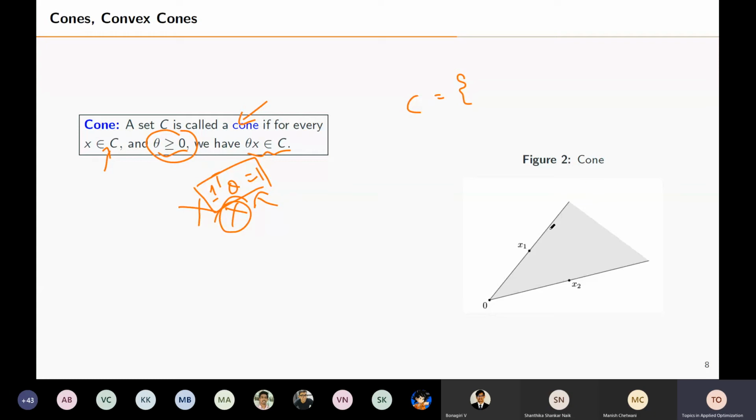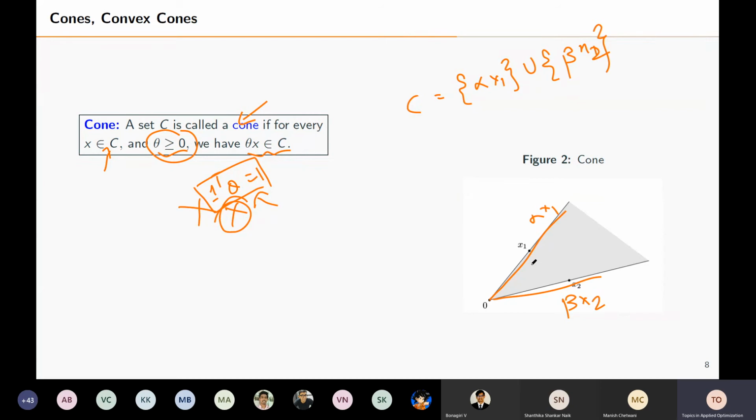Let us say my set contains alpha x1 union beta x1. Okay, so that will be a line, right? So this is alpha x1, this line, and this is the line beta x2, I mean.